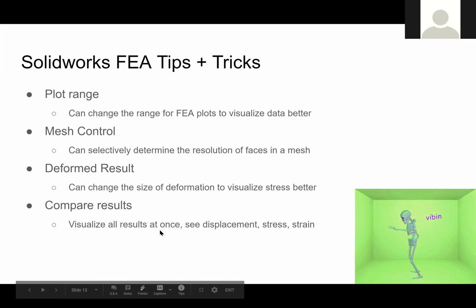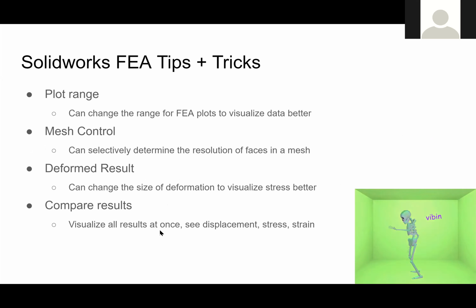And lastly, some tips. You could define a plot range in SOLIDWORKS at least to show different colors, different orders of magnitude on, say, a FOS plot or a stress plot. You could also use mesh control to specify where you want more defined resolutions to be, say on a fillet or a chamfer.